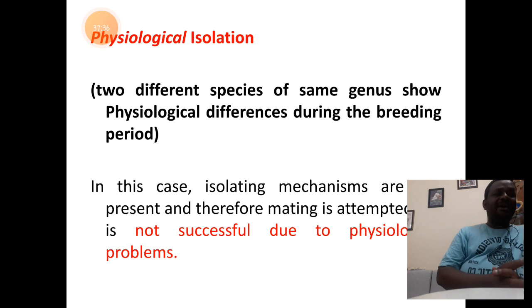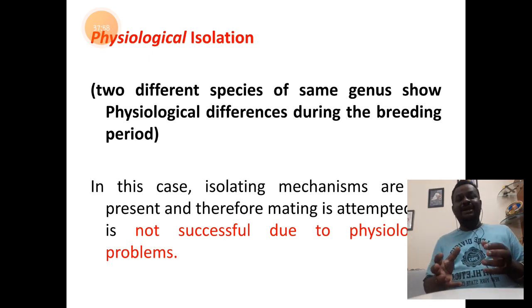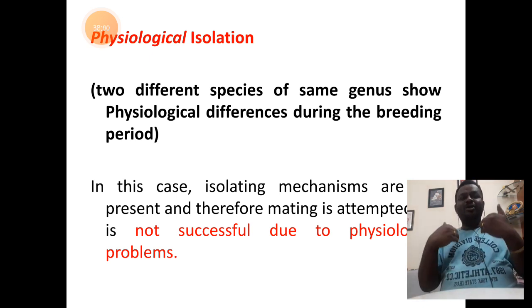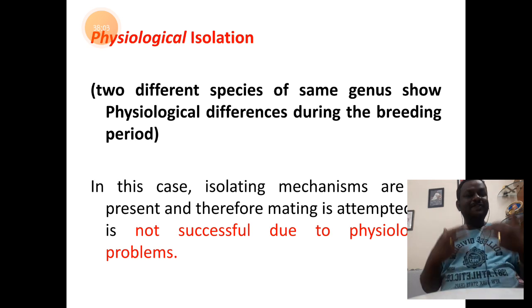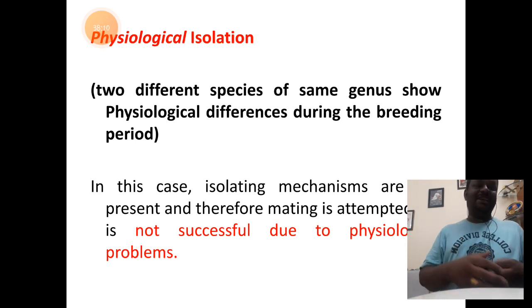The next type of pre-zygotic reproductive isolation is physiological isolation. In this type, two different species of organisms do not mate due to differences in their physiological activities during the breeding process. Before mating, they should exhibit certain physiological processes, and those processes are different between two different organisms, so that mating will not take place.